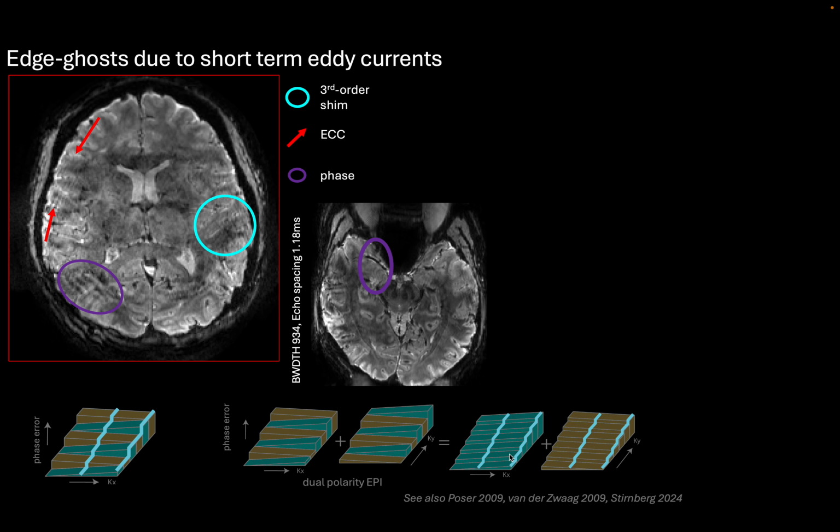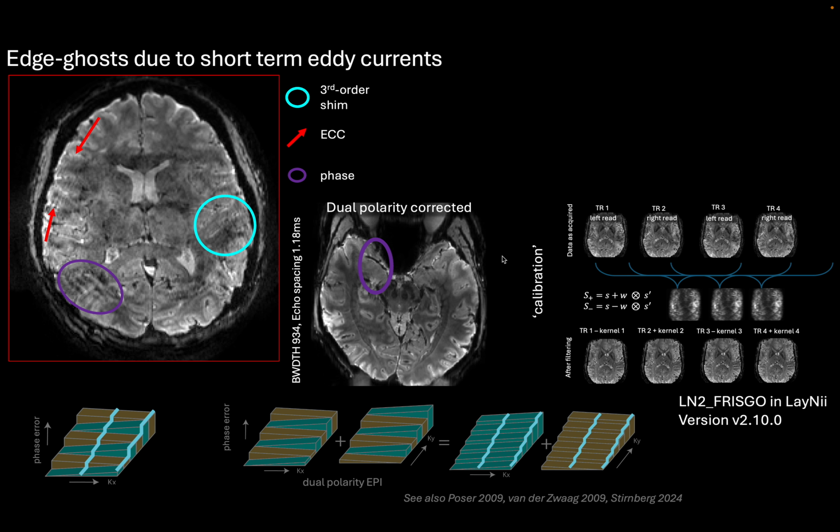So in practice, what you can do is you do an additional calibration there, where you play out the opposing read polarity, where you do see these artifacts, and the artifacts are always there, right? They just have the completely opposite phase, 180 degrees shifted, and so you can characterize them and calibrate them away. And you can even do this in a temporal specific fashion, for example, in this software here.